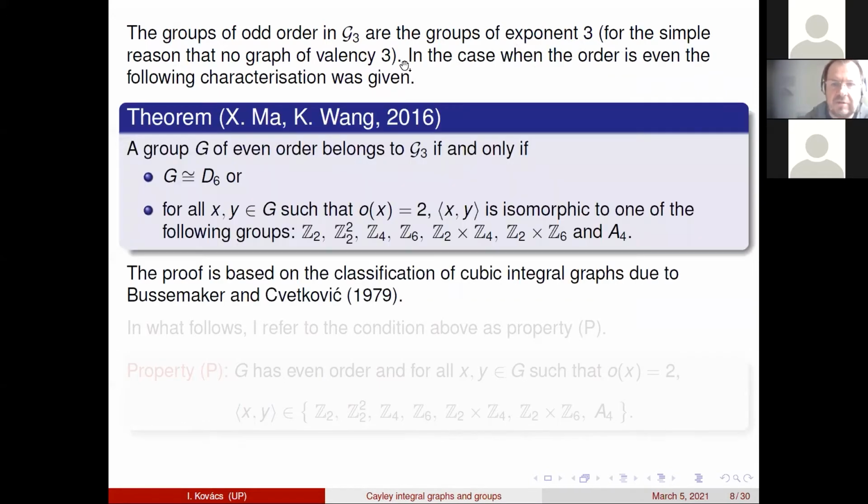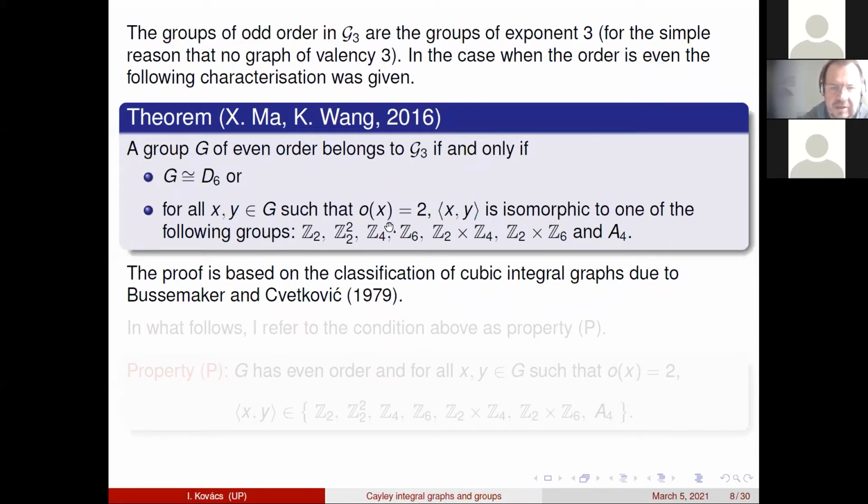However, if you have an even order, then we have this theorem. In that case, the group is either the dihedral group of order 6, or it can be characterized by this group theoretical property: for any two elements such that one of them is an involution x, the group generated by x and the other element must be isomorphic to one of these groups.